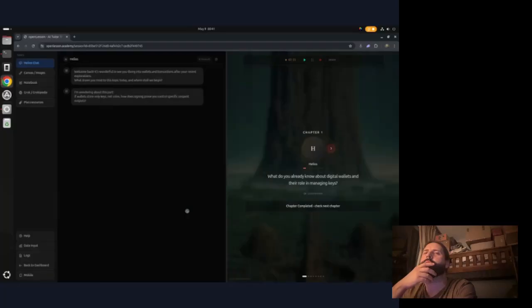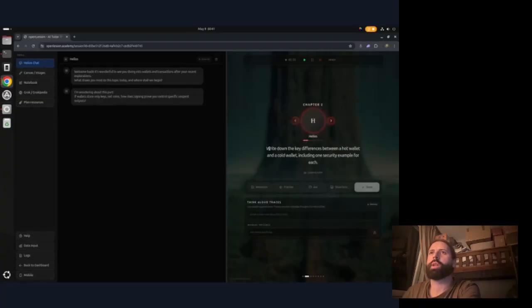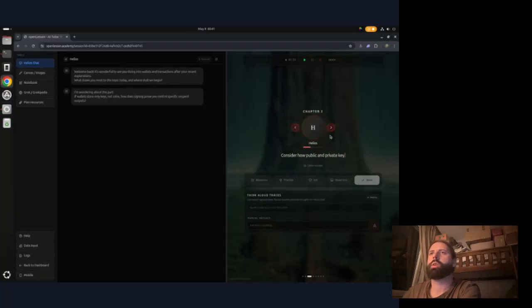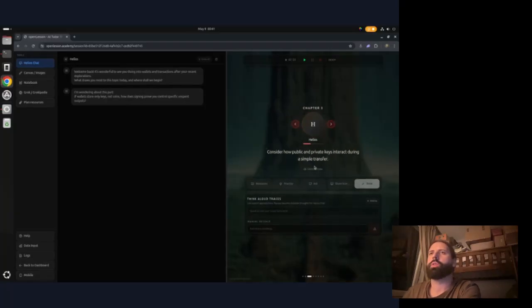Well, we did talk about the transaction stuff, right? Yeah, chapter 1 was completed. Chapter 2 is write down key differences between a hot wallet and a cold wallet, including one security example from each. What do we have else? Interact during a simple transfer. Okay, maybe we don't really need to learn all that.